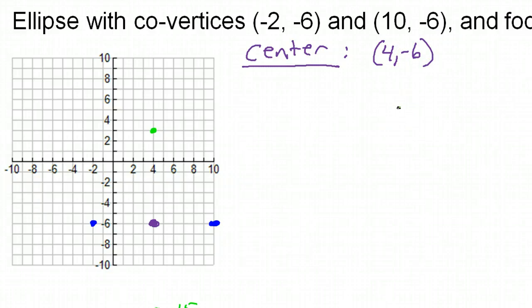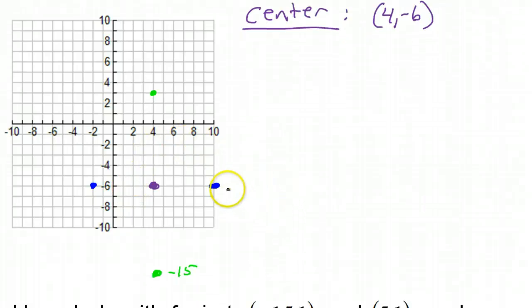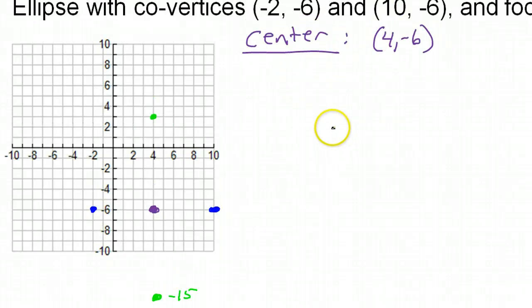Now, we know that these blue dots were called the co-vertices. So that means this is the short way across. We'll come back to that in a second. Now, since we know the center, we can go ahead and write the top part of this equation.